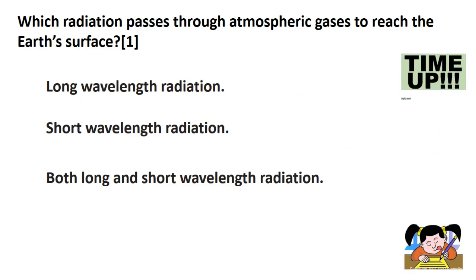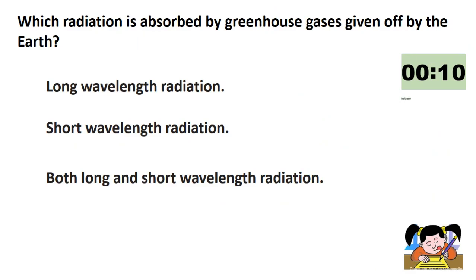Five more seconds. Sorry, I didn't set the time very well on this. So this is asking the radiation that passes through the atmospheric gases to reach the Earth's surface. The answer definitely is the short wavelength. Let's look at the next one. 10 seconds.